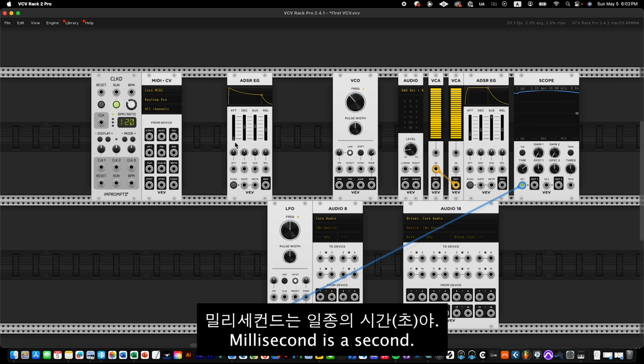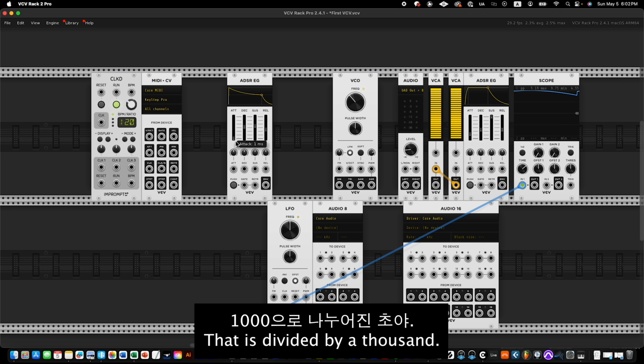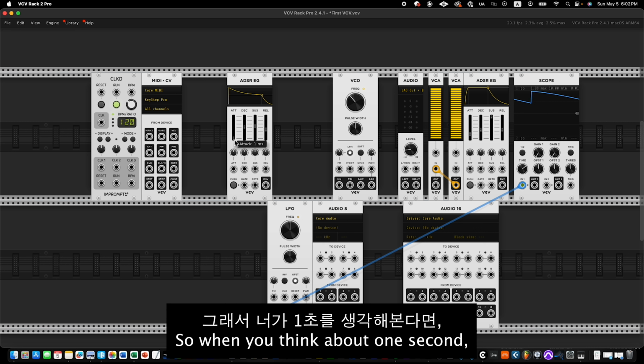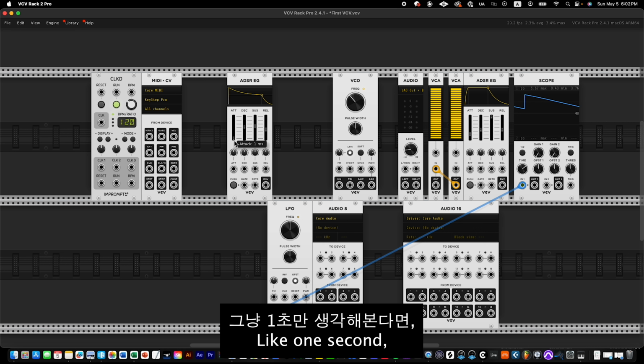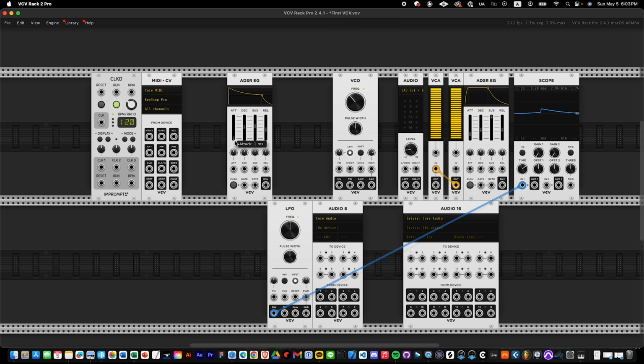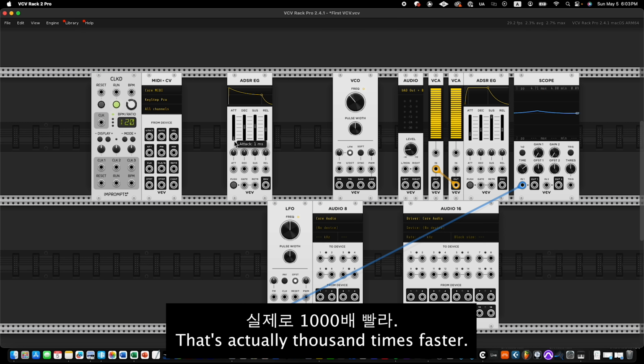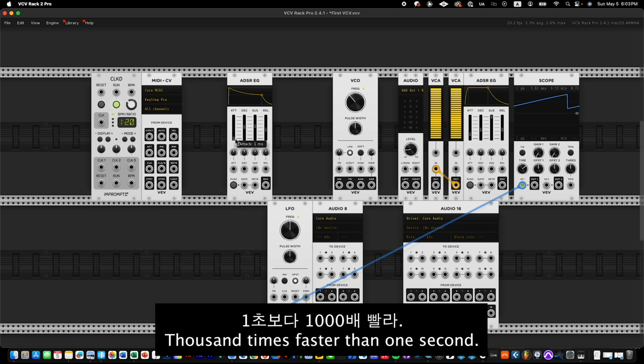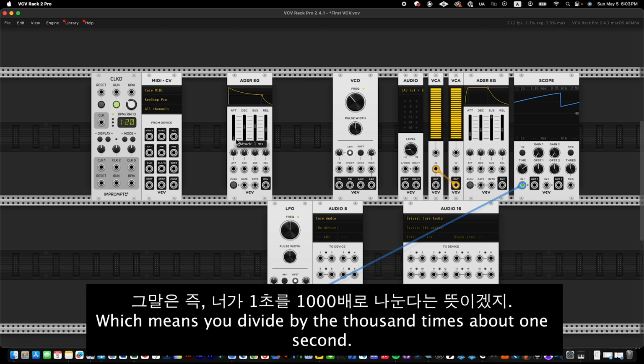A millisecond is a second divided by 1,000. So 1 millisecond is a short period of time, 1,000 times faster than 1 second.